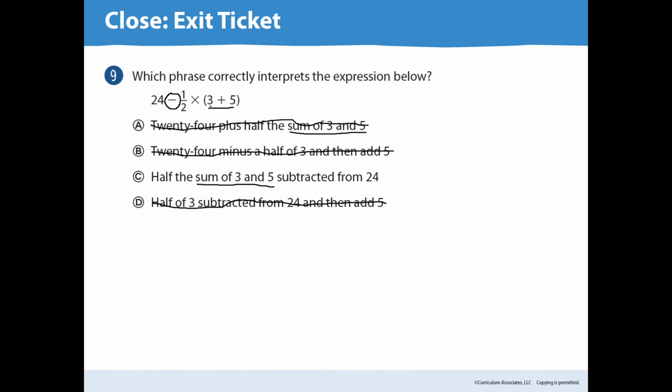And it says half the sum. And order of operations, we would do this multiplication here before we do the subtraction. So that'd be 1/2 times 3 plus 5 would be half of the sum of 3 and 5. And then that's subtracted from 24. 24 minus 1/2 times 3 plus 5. So this one makes sense. The answer is letter C.